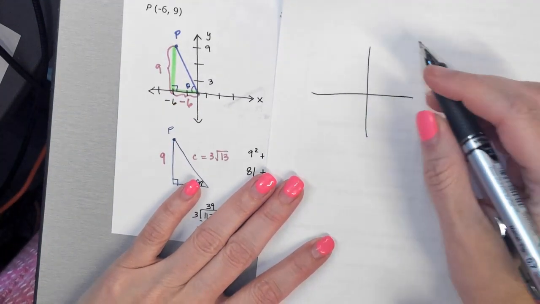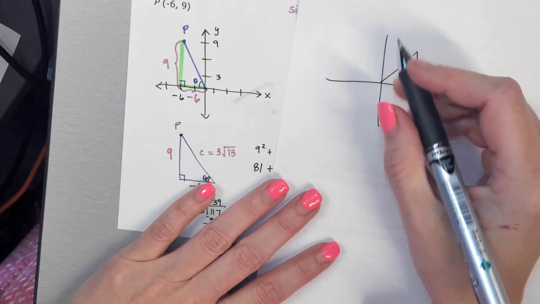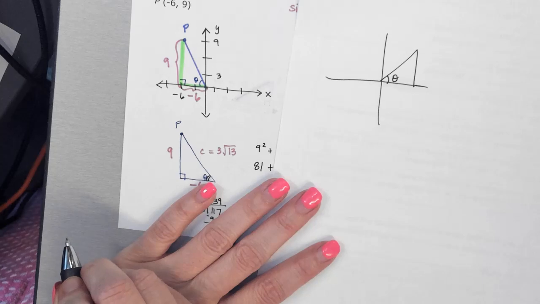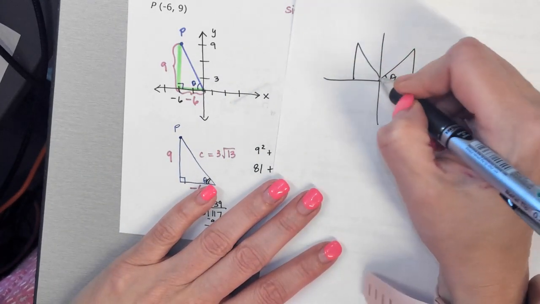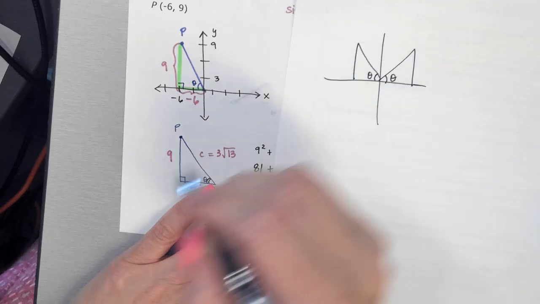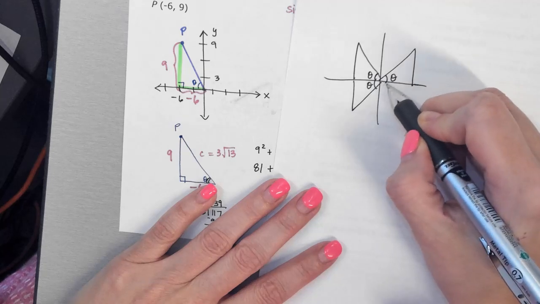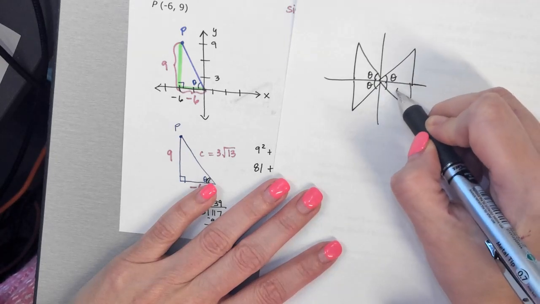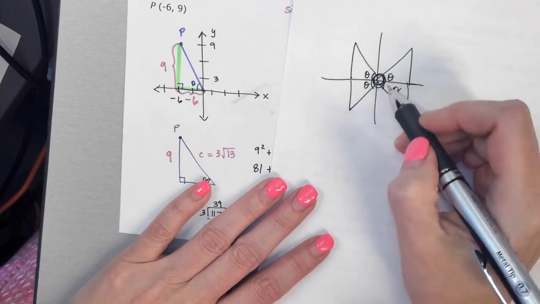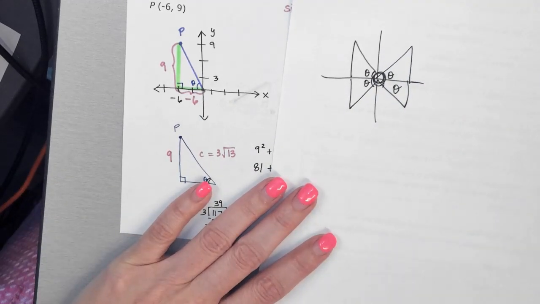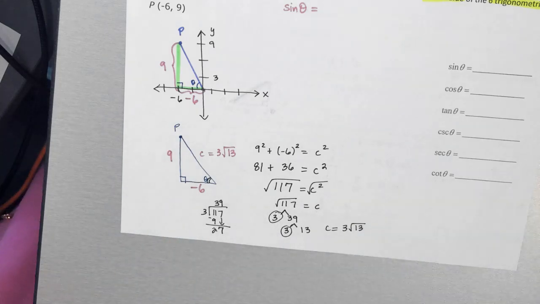So if you had something in a triangle in quadrant 1, the x-axis and the terminal side is here. That's where your theta would be. If it's in quadrant 2, that's what we just did. Terminal side, theta. Here, terminal side, theta. Okay, I like to remember it looks like a nice little bow tie. Okay, so that's for other points that you may do.